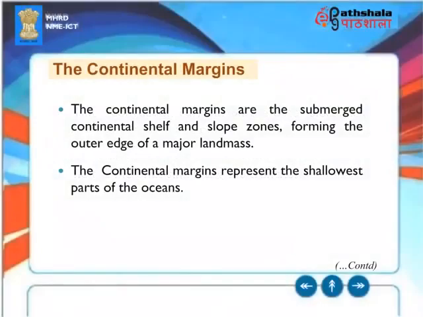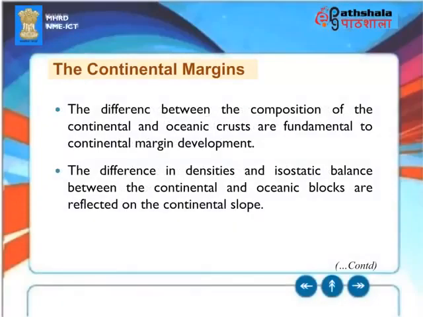The continental margins. The continental margins are the submerged continental shelf and slope zones forming the outer edge of a major landmass. The continental margins represent the shallowest parts of the oceans. The differences between the composition of the continental and oceanic crusts are fundamental to continental margin development.